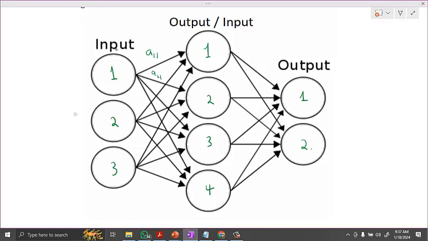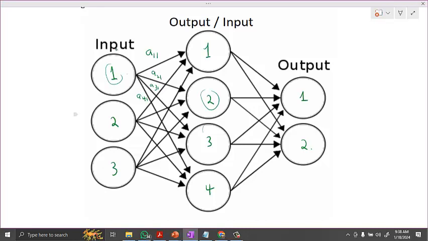Then this will be A31. And then this will be A41. Sorry, it's not very clear here. But A21 goes from 1 to 2. A31 goes from 1 to 3. A41 goes from 1 to 4.